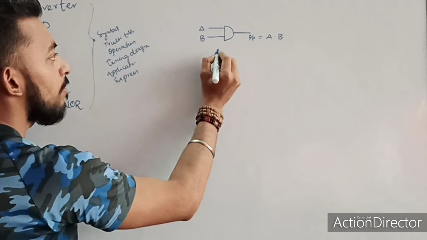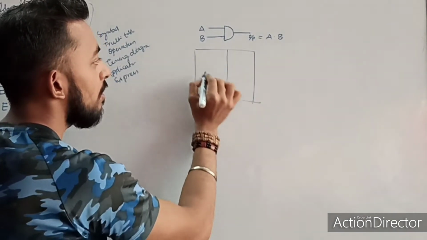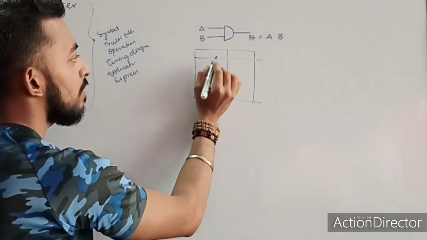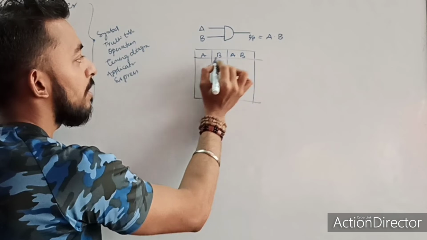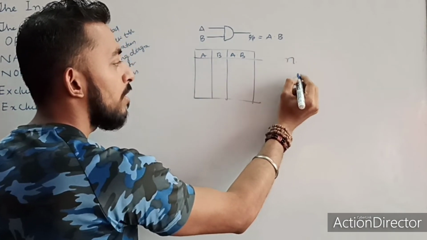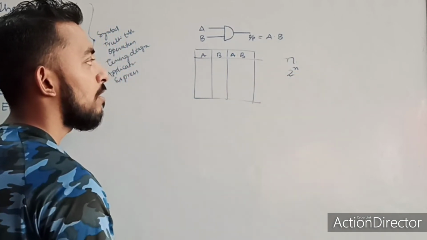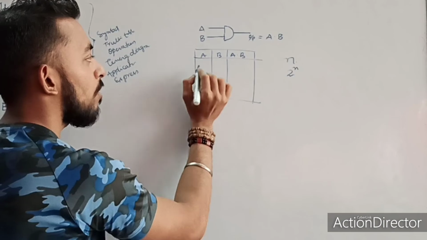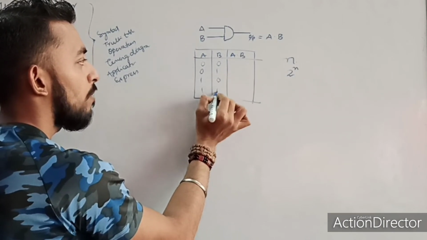Then what is the truth table for this AND gate? We have already discussed this in our first video, but there are some other things that we forgot to tell. This is A, B, and this is A dot B. I already told you, if there are n inputs, the number of possible input combinations is 2 power n. When there are 2 inputs, there are 4 combinations: 0 0, 0 1, 1 0 and 1 1.